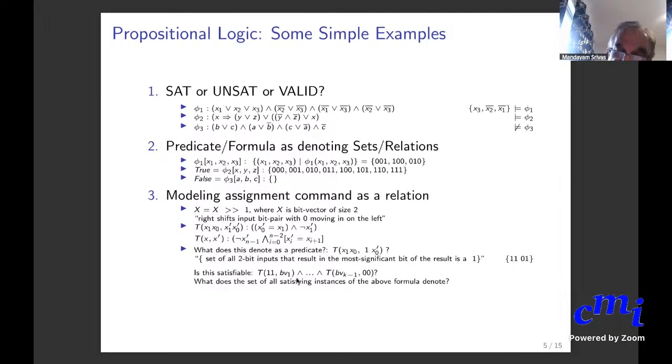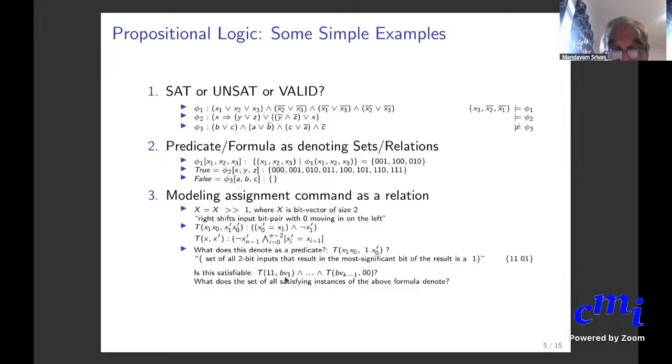Otherwise, it would be false. So I hope you got the concept that you can now construct more complicated formulas involving this thing, and then make it model the behavior of programs.